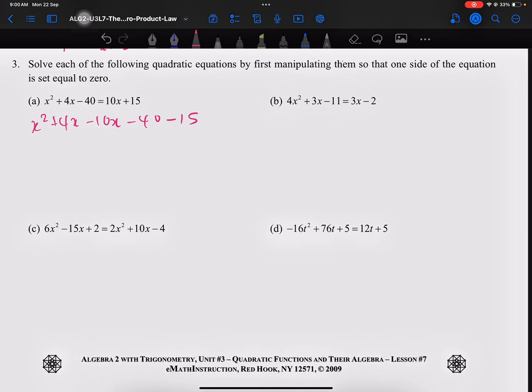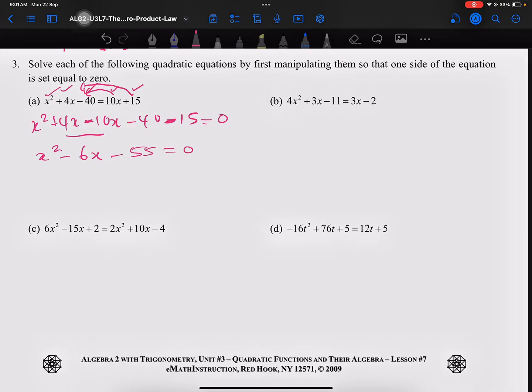So recheck. This one I move to the left, becomes minus. This one I move to the left, becomes minus. Okay, and then I have 10x and 15x already. Now check all the terms, are they inside. This one also all good, so equals 0. Then I combine like terms. So this becomes x squared minus 6x minus 55 equals 0.